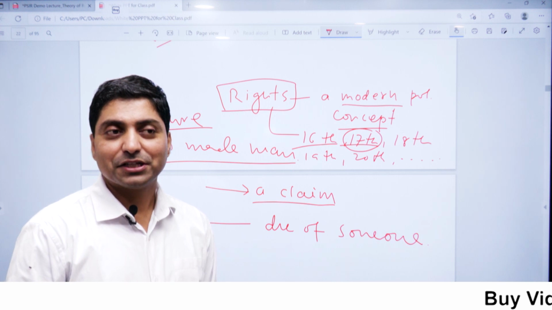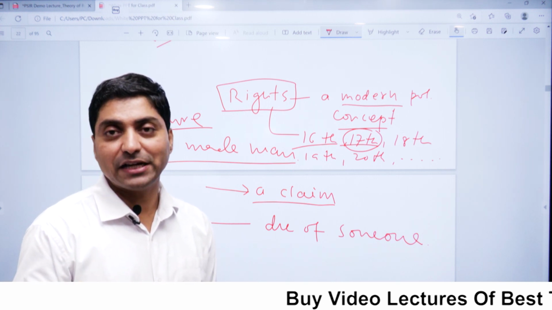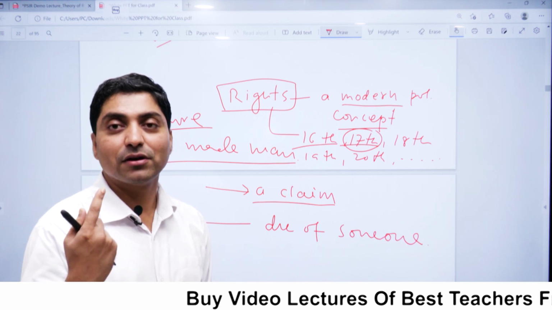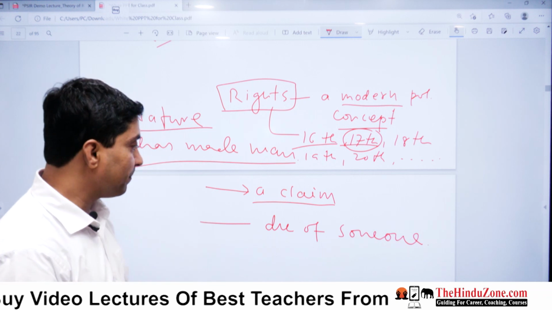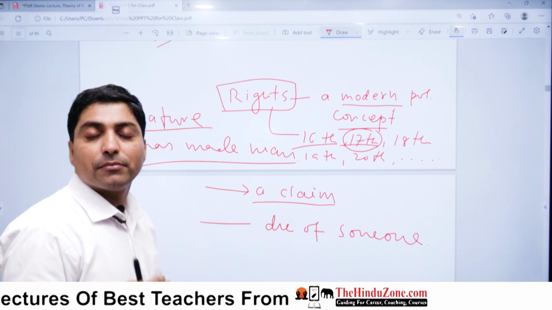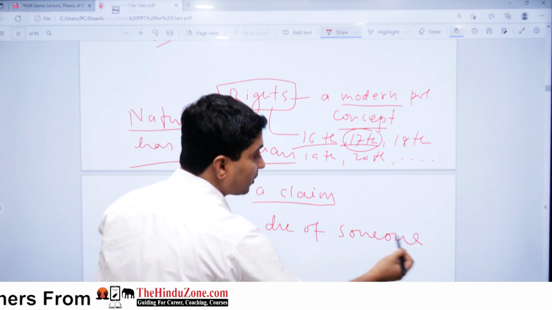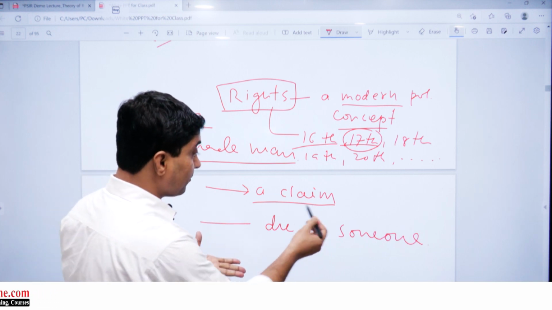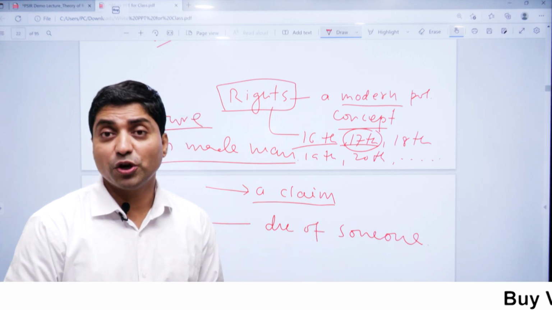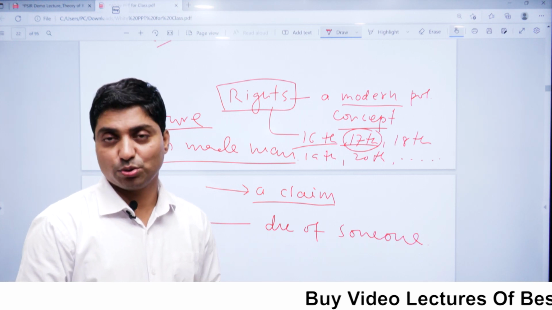If someone has borrowed money from me, then I have due over him, so I should access that due. So right is the due of someone. For example, there are animals unable to claim, but it does not mean animals have no right. Animals have right.